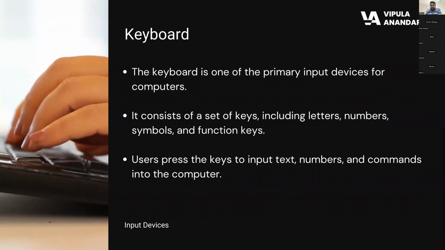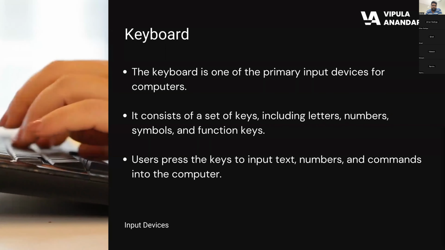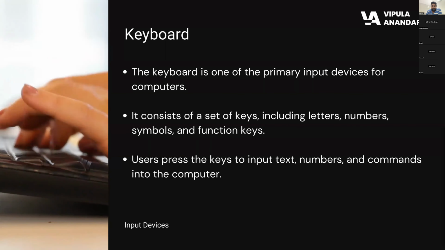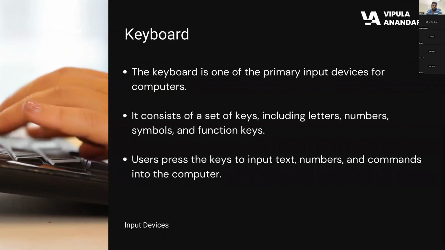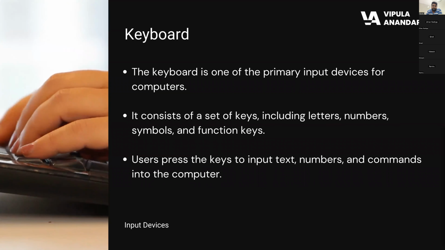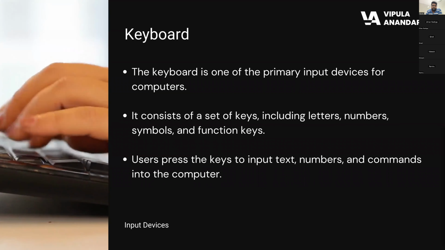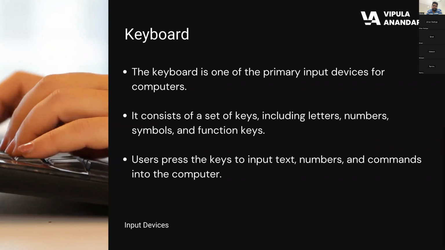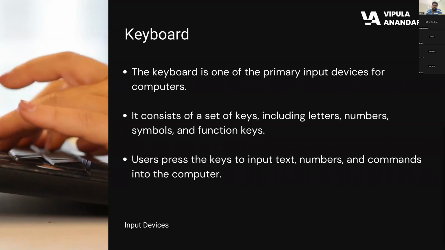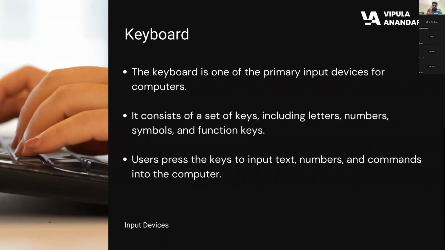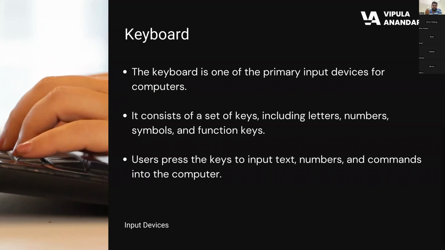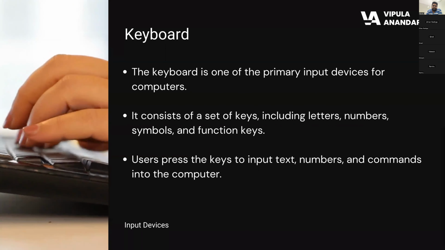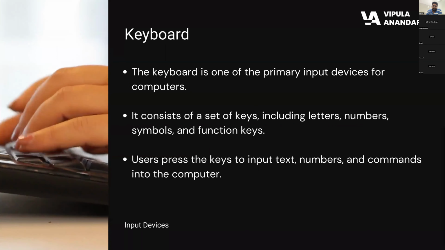So the keyboard, it's basically one of the primary input devices for a computer. And it contains a set of keys, including letters, numbers, symbols, and functions. And it basically works in a simple way where you press a key and that data is sent to the computer, right?